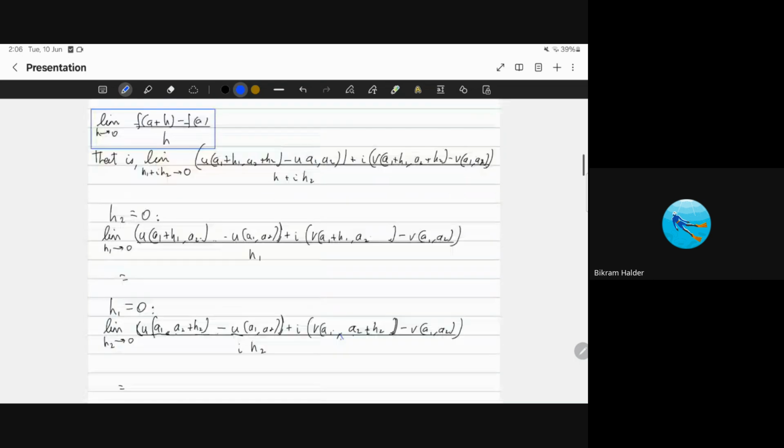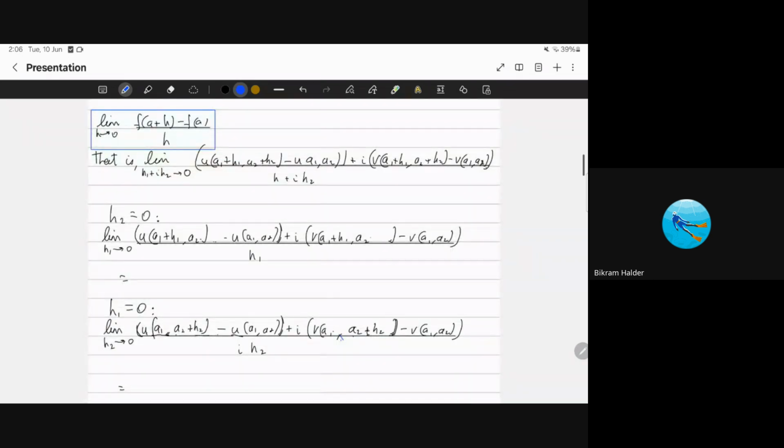So this is the stuff that we already know: in this expression, when we take h2 equal to 0, we get u(a1+h1, a2) minus u(a1, a2) plus i times v(a1+h1, a2) minus v(a1, a2), and this ends up being ux(a1, a2) plus i times vx(a1, a2).